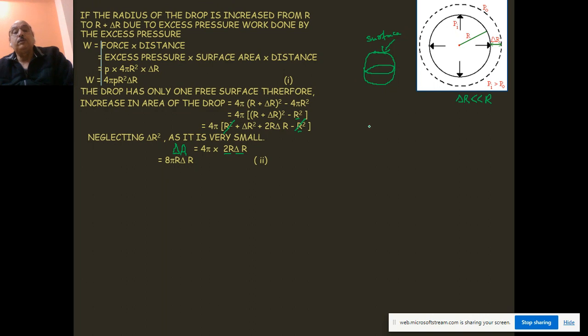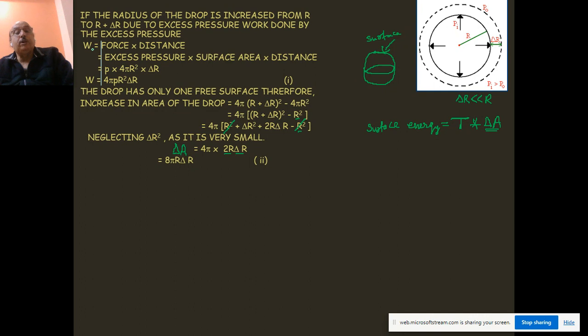Because we know the surface energy is equal to surface tension into change in area. We already derived this equation and also solved the numerical as well. So we are able to find out delta A here, and this delta A is 8 pi R into delta R.